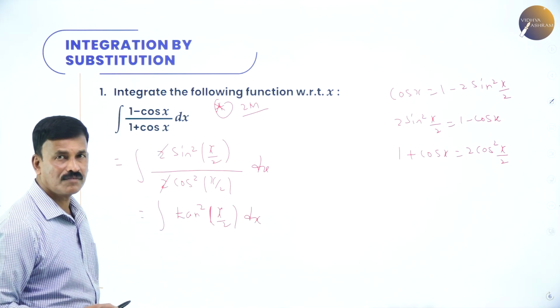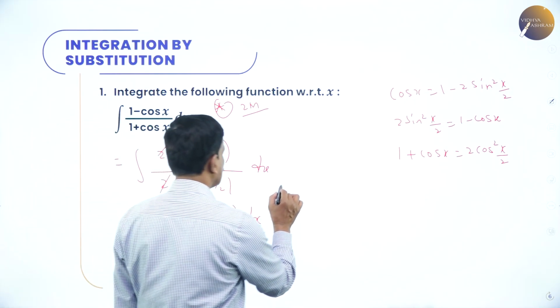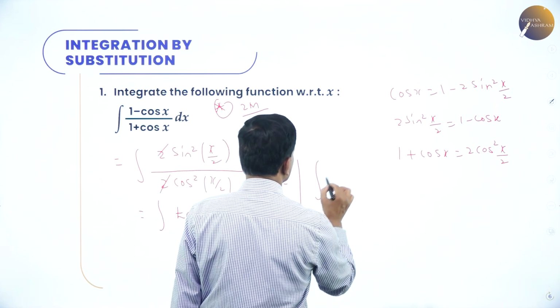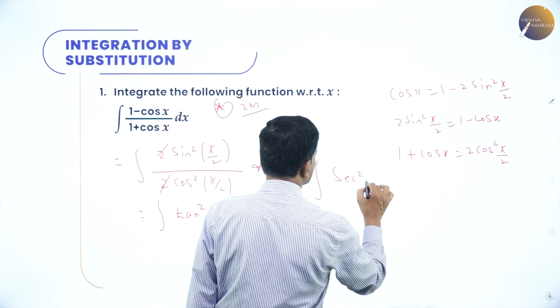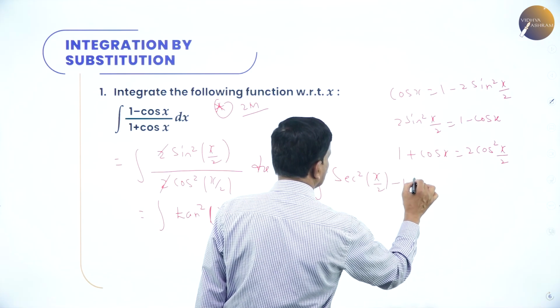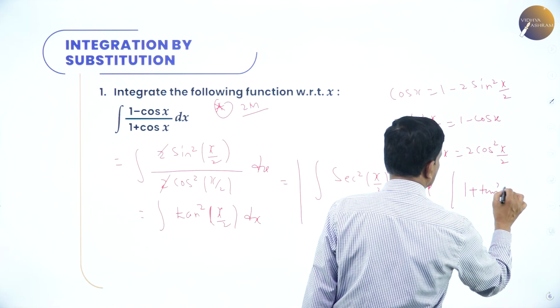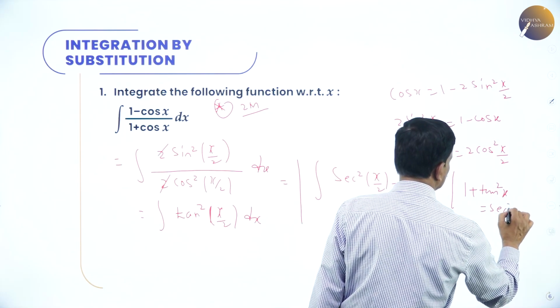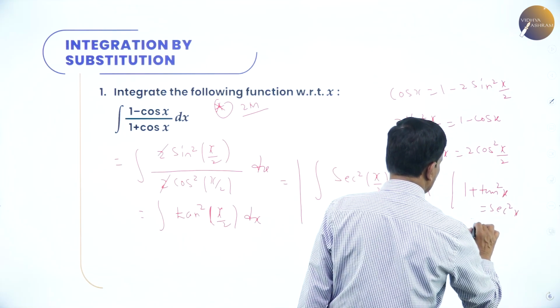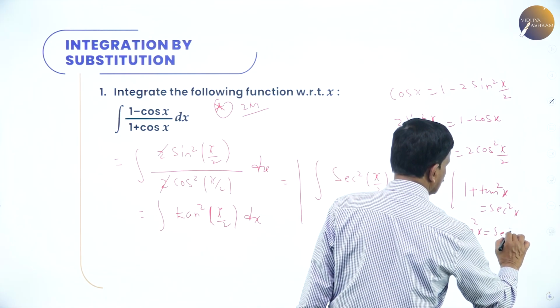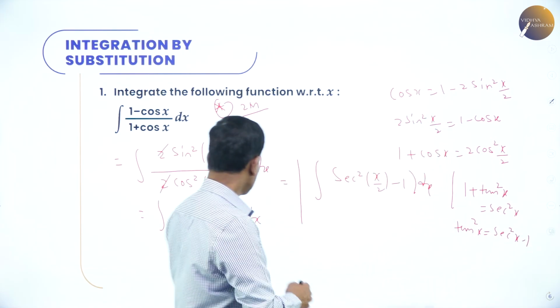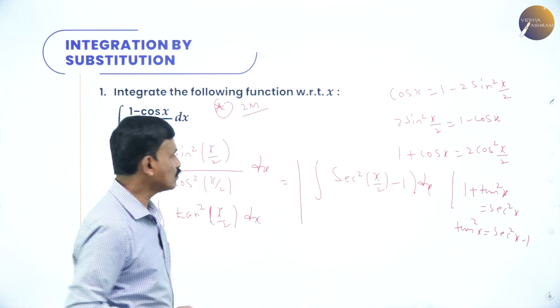So what is the integral of tan square? We don't have an integration of tan square. This can be written as integral of secant square x by 2 minus 1 into dx, because 1 plus tan square x is equal to secant square x. Only, tan square x is equal to secant square x minus 1. So tan square is equal to secant square minus 1.